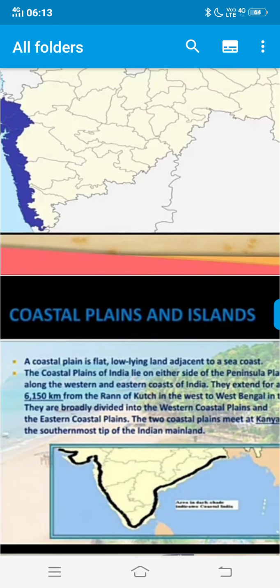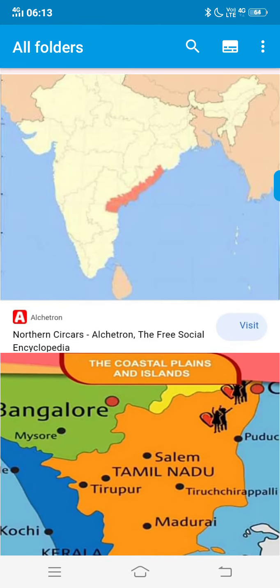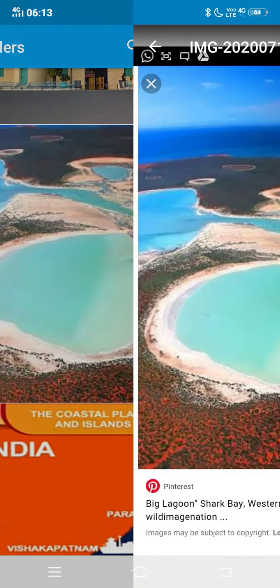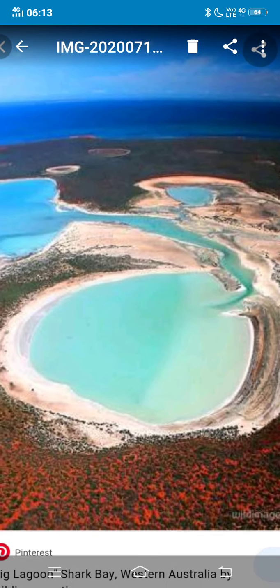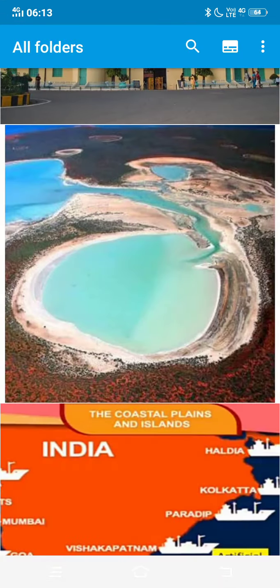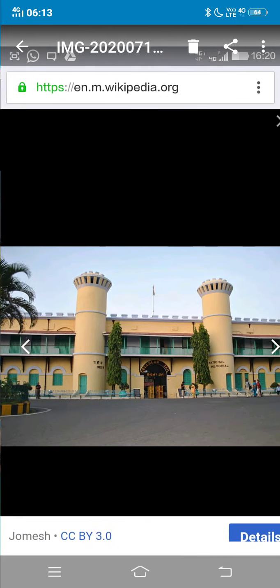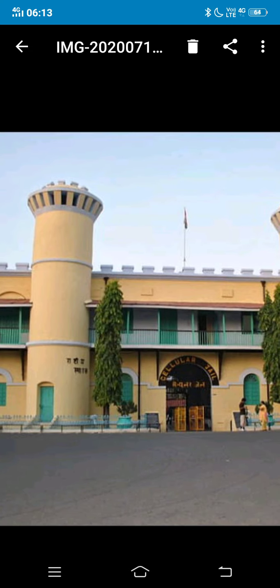As a punishment, people were sent to this jail, as the climate was extreme and the water was not suitable, so the prisoners couldn't run away easily. Here is the Cellular Jail of the Andaman and Nicobar Islands. Now it has become a tourist spot because of its historical importance.